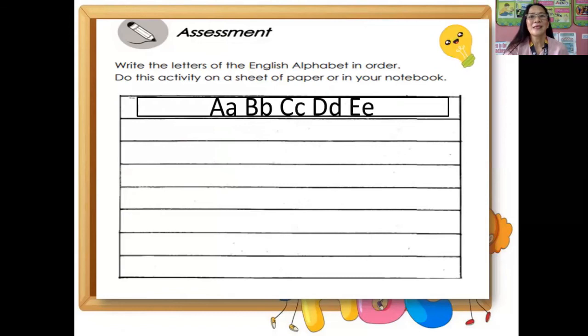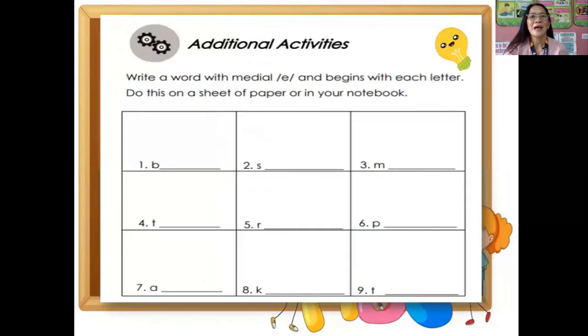Next is additional activities. Write a word with medial E and begins with its letter. Do this on a sheet of paper or in your notebook. We have number 1 example, bag.